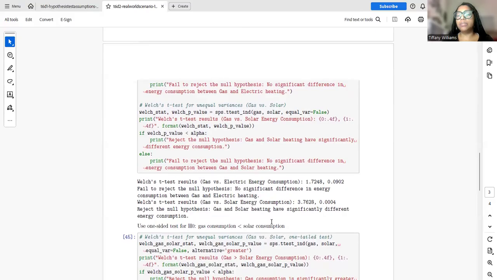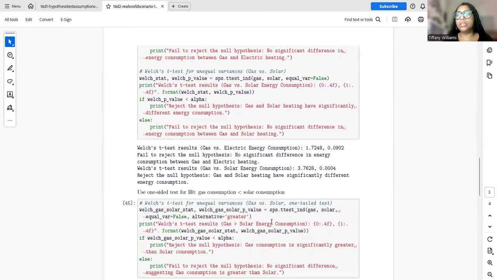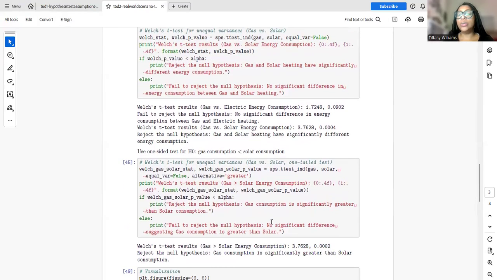So I wanted to take it a step further and see whether it was more or less. So I used a one-sided t-test. The default is two-sided, that the means are equal, but I am going to test to see if the gas consumption mean is actually greater than the solar consumption mean. So the null hypothesis is that gas consumption is less than or equal to the solar consumption.